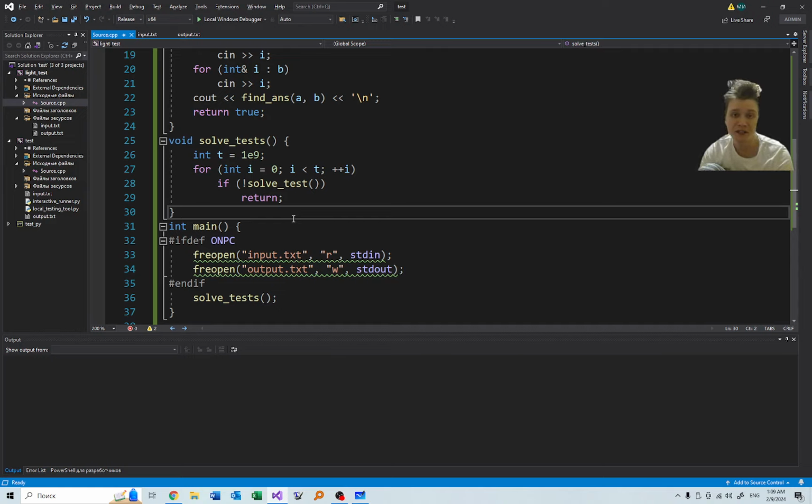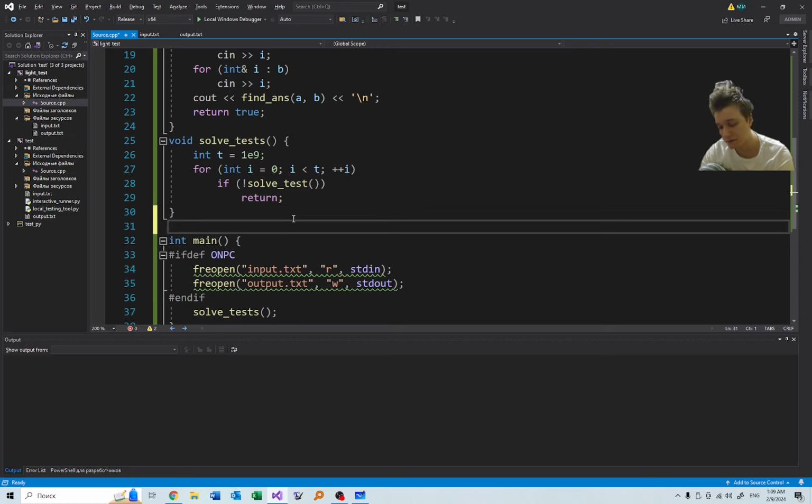Which is far from ideal, but let's do it. Far from ideal because I don't really want to write stress in this problem. But what can I do?